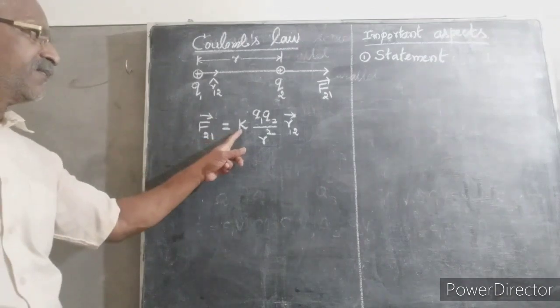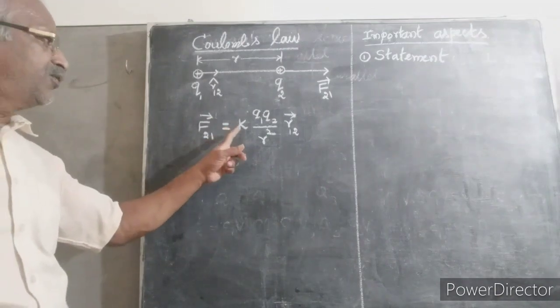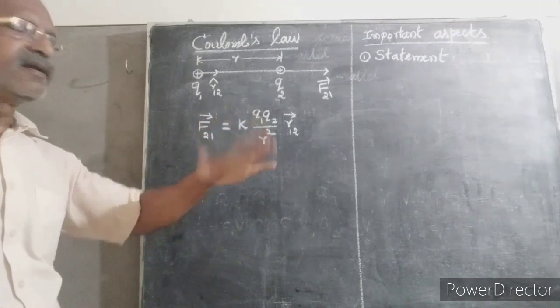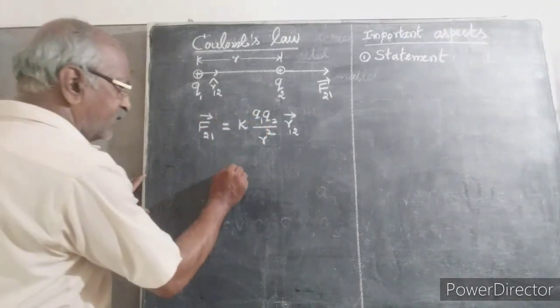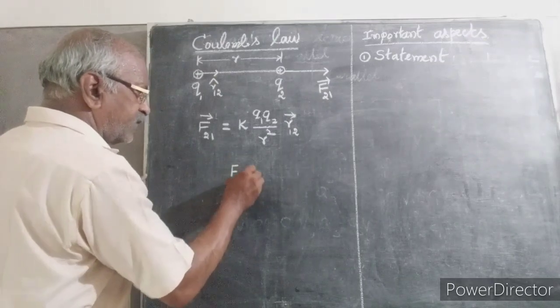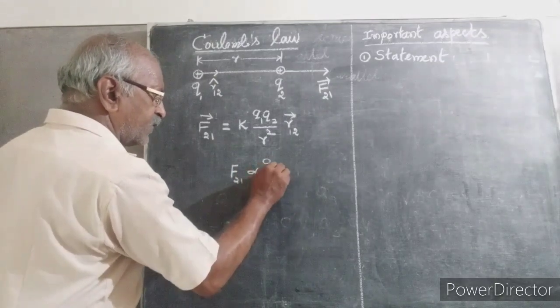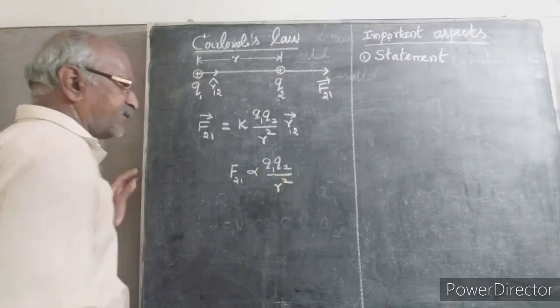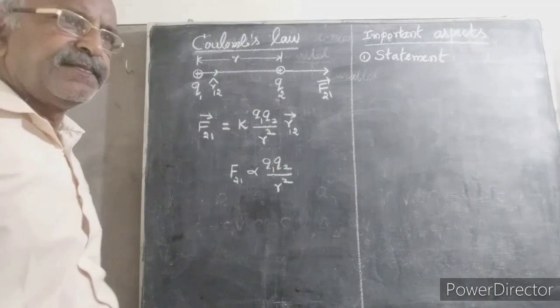From this equation, I can remove the constant and equality sign and take the magnitude alone. If I write F21 proportional to Q1 Q2 by R square, from this I can define Coulomb's law.